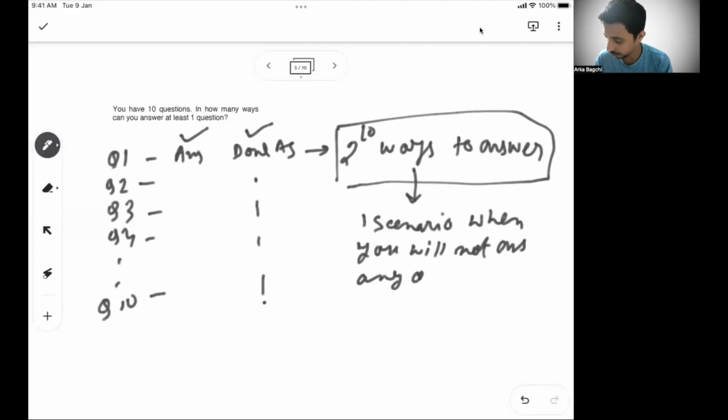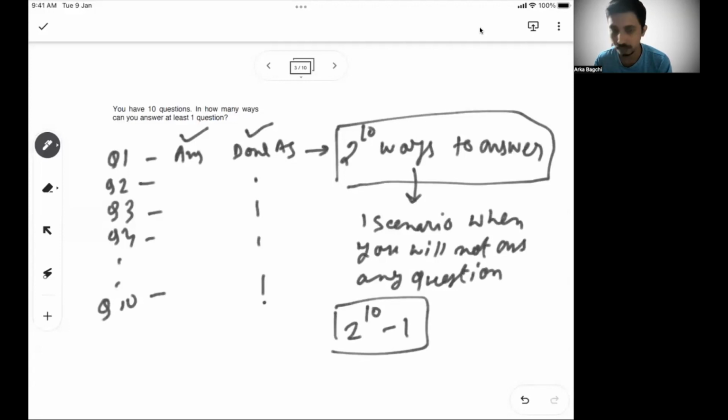There is no more than one scenario where you don't answer any questions. So your final answer will be 2 to the power 10 minus 1. Okay, so that is the way you can solve it. There are 2 to the power 10 ways to answer, and out of that only one way where you cannot answer any questions.